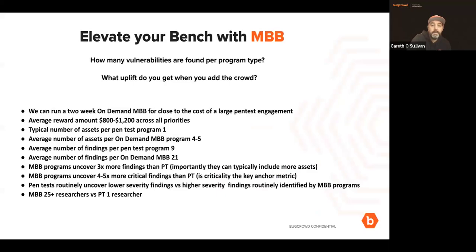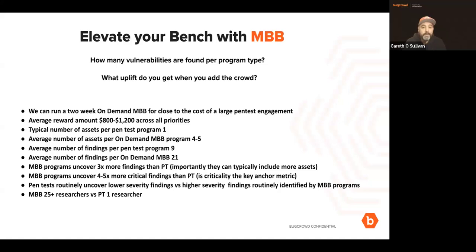So some more KPIs. Coming back to this elevation of your bench, just very high-level numbers, not committing to these as such, but just to give you a sense of some of the useful KPIs or metrics that you should consider when you're comparing pen testing or other testing approaches to bounty programs, and the kind of uplift you get when you add the crowd.